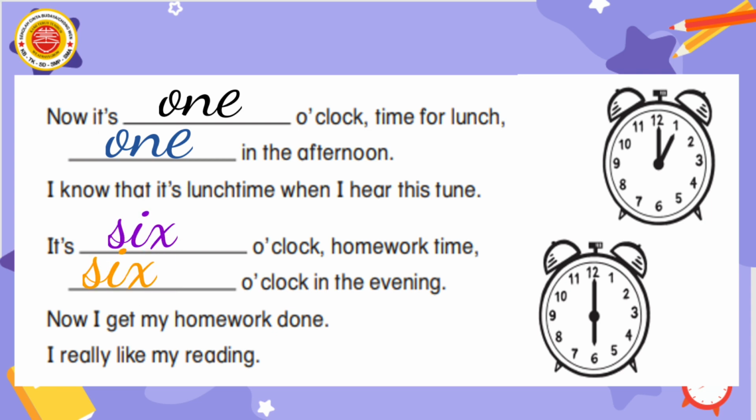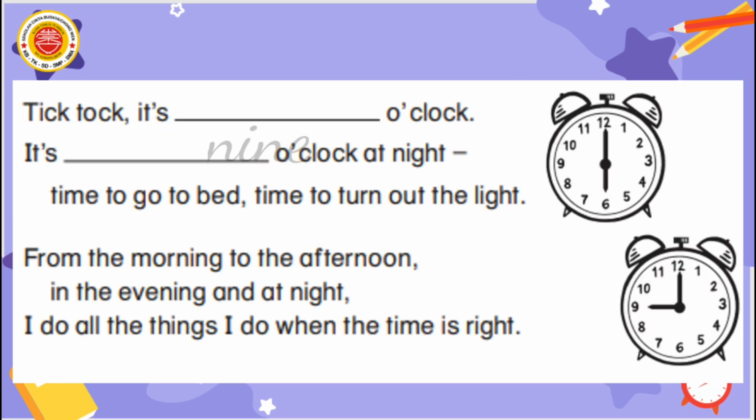Homework time. 6 o'clock in the evening. Now I get my homework done. I really like my reading. Tick-tock, it's 9 o'clock. It's 9 o'clock at night. Time to go to bed. Time to turn out the light. From the morning to the afternoon, in the evening and at night, I do all the things I do when the time is right.